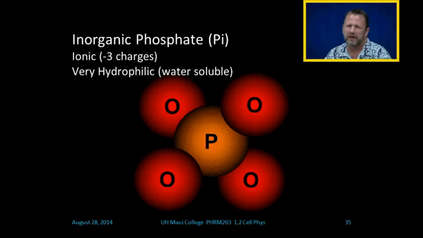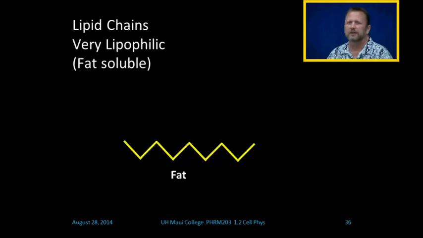So there's my phosphate, the inorganic phosphate. They call it inorganic because carbon's not involved, which isn't fair because phosphate is certainly probably the most important part of an organic structure. We talked about that in the last lecture. It's very water-soluble, very water-loving. And there is my fat chain, and the zigzag lines, remember, are bonds between carbons.